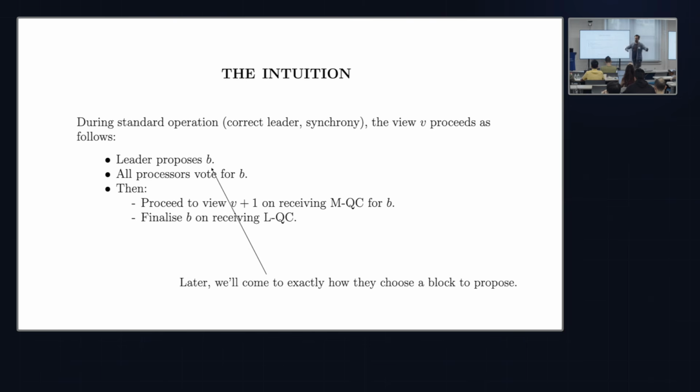If you think of the sequence here, normally all the different processors will be in different parts of the world, so you'll get the smaller quorum first, and then a little bit after that, maybe you get the larger quorum. So in standard operation, the leader proposes a block, people vote on it, you proceed to the next view on getting the smaller QC, the MQC, and then you finalize on getting the LQC, and that's it.